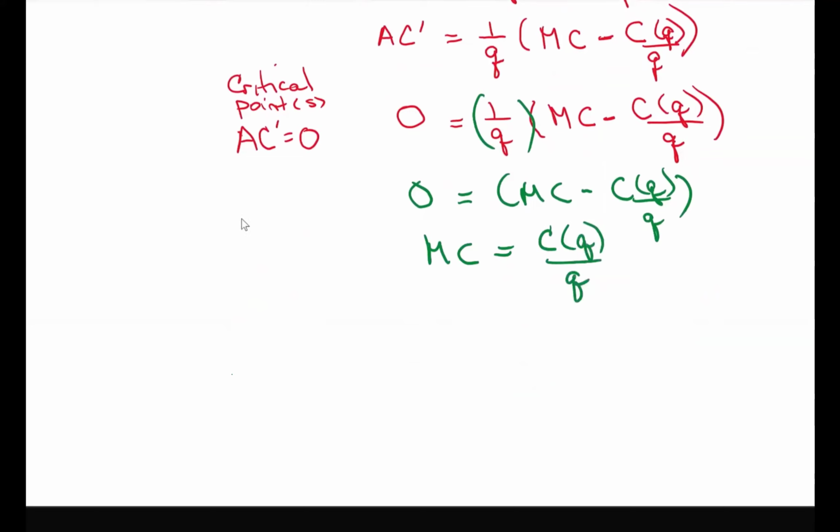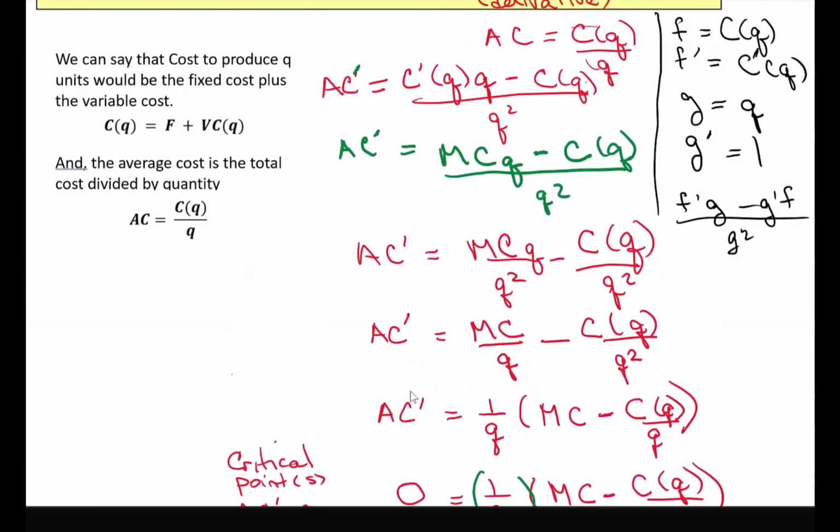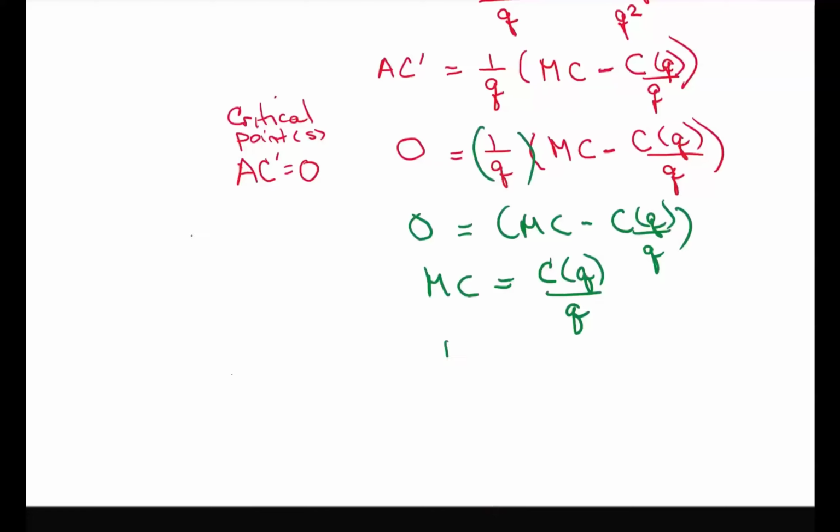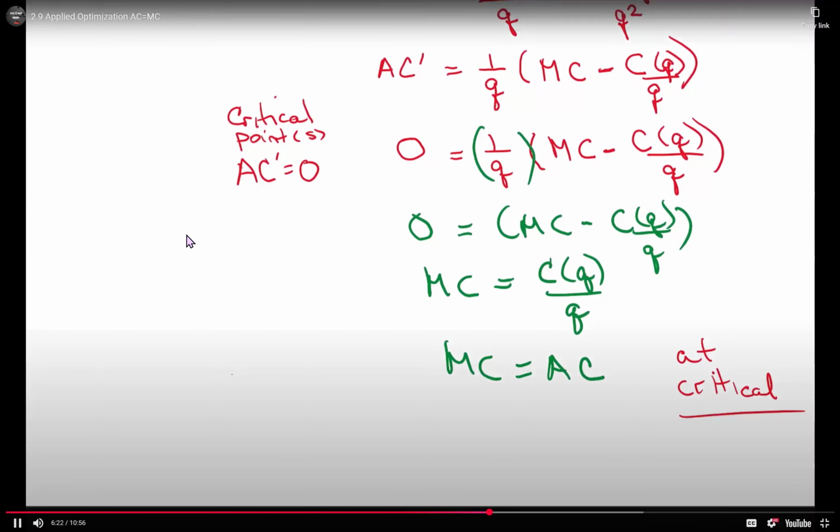And if we look back here, the average cost is equal to the cost over the quantity, which means I can say that the marginal cost equals the average cost at my critical point, which is my maximum or minimum. So when the marginal cost equals the average cost, I either have a maximum, a minimum, or something is undefined. That's what a critical point means.